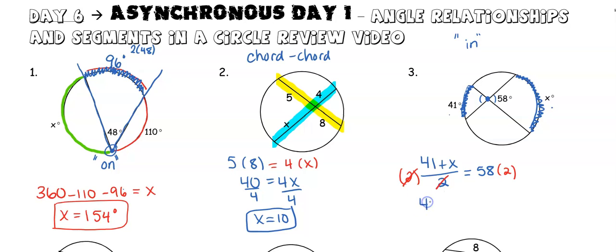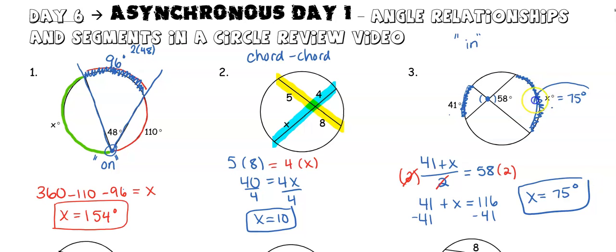So we have 41 plus x is equal to 116. 58 times 2 is 116. We move that 41 over, and we find that missing piece. X is going to be equal to 75 degrees. So this missing arc right here is 75 degrees.